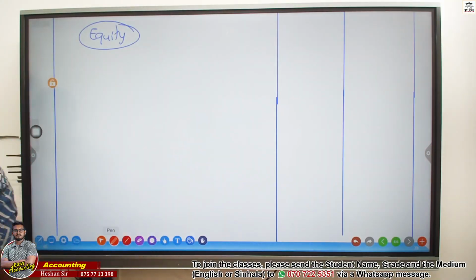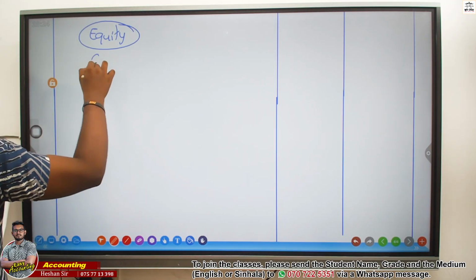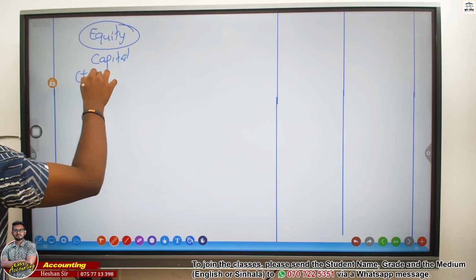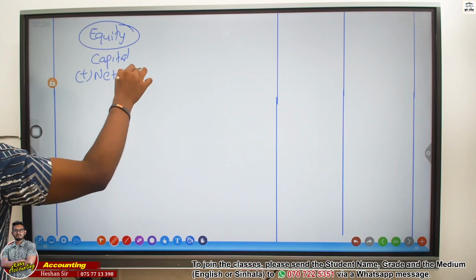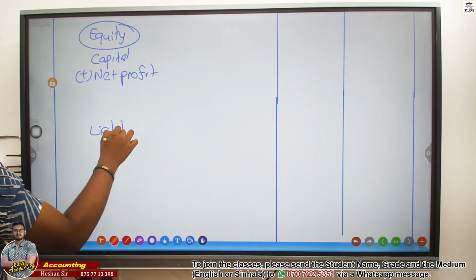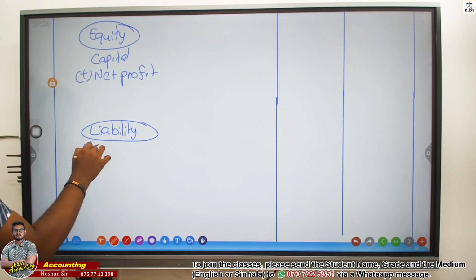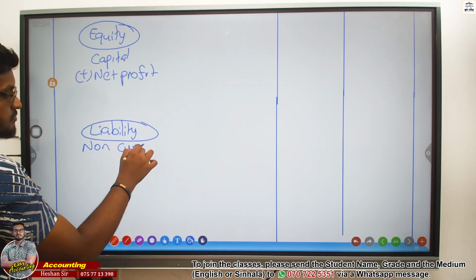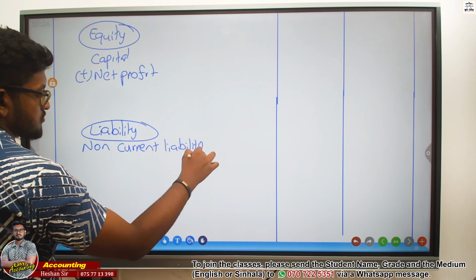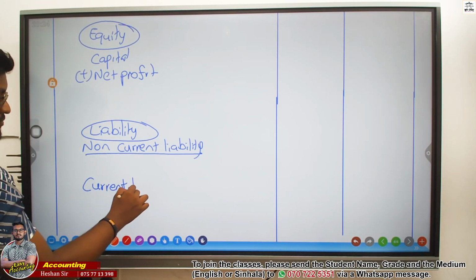Equity first one is capital, then the net profit, then liability, non-current liability, next one current liability.